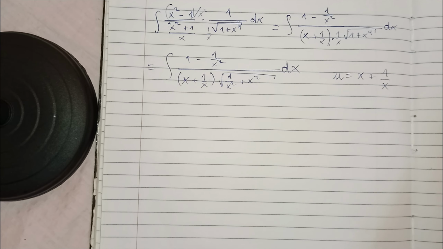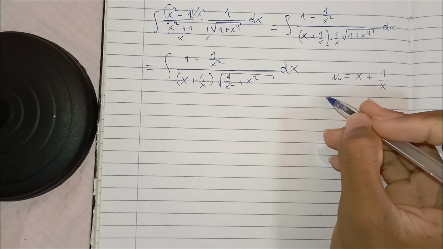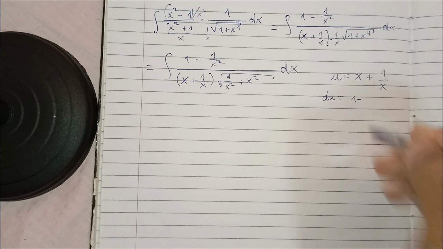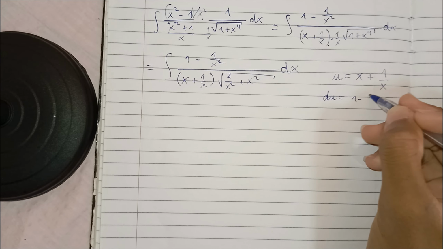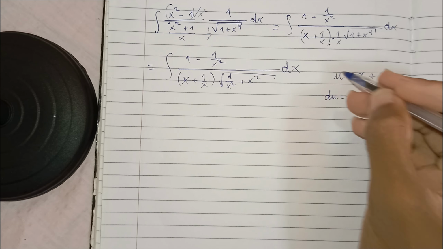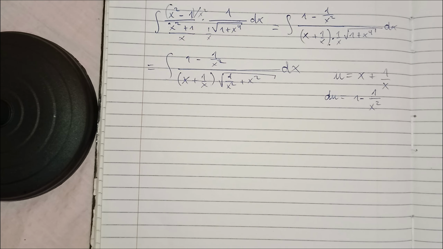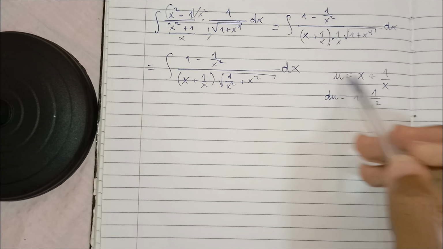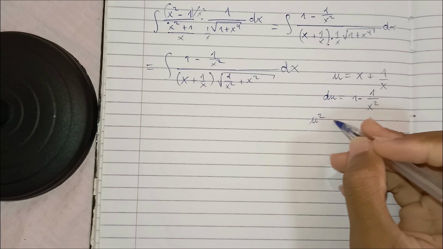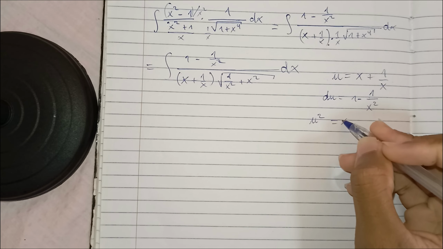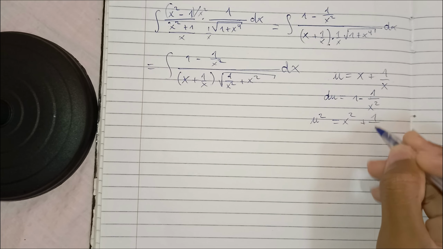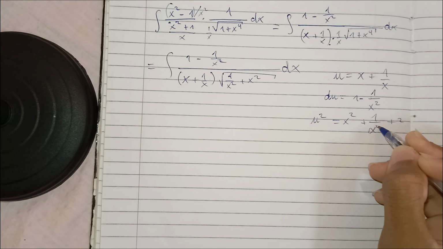So good. And what next? I can say that du is 1 minus 1 over x², if we differentiate this. And another thing is that if you take the square of this, you get u² equals x² plus 1 over x² plus 2.